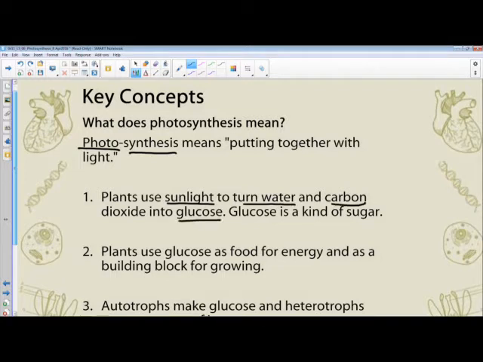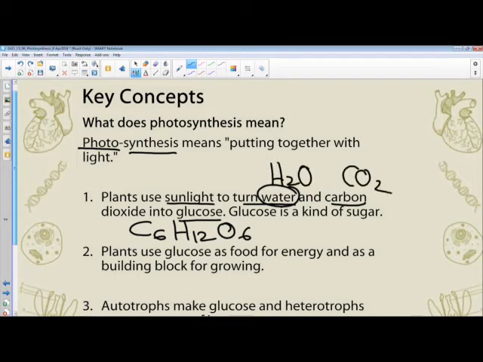If you look at glucose, the chemical formula for glucose is C6H12O6. If you look at this very carefully, you see the elements of both water, H2O, and carbon dioxide, CO2, coming together to give you this glucose molecule, which is a type of sugar.